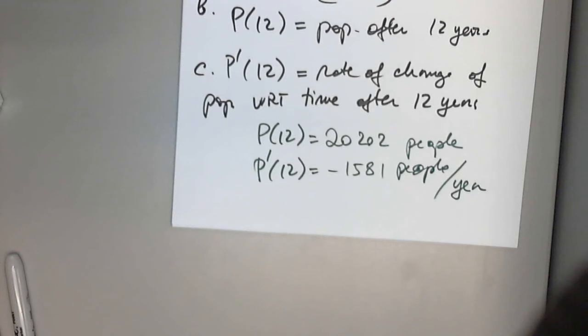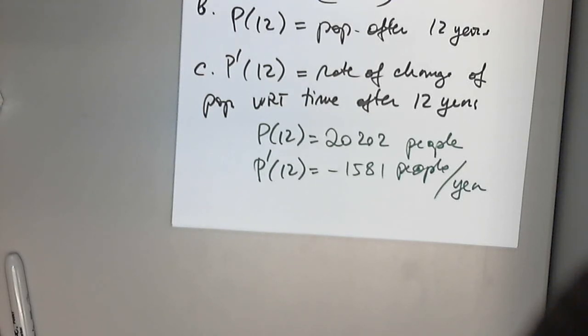Excellent. So after 12 years have passed, if the model still holds, I don't know, 12 years from now, but assuming the model still holds, then the population, people move out or something, decreases per year by 1,581.